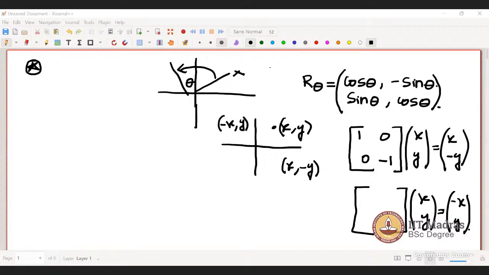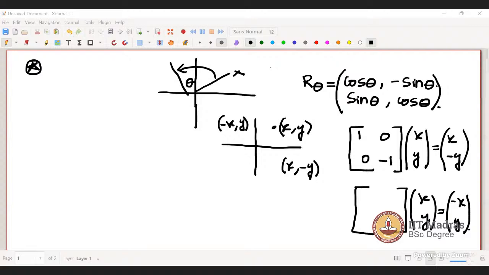And there is a property mentioned about the matrix of reflection, that the square of a matrix of reflection is equal to the matrix itself. No, that is quite obvious, right?